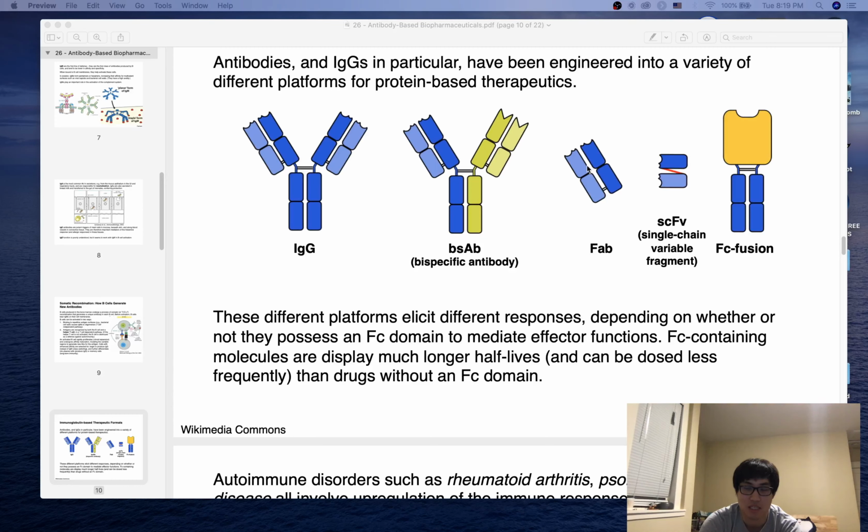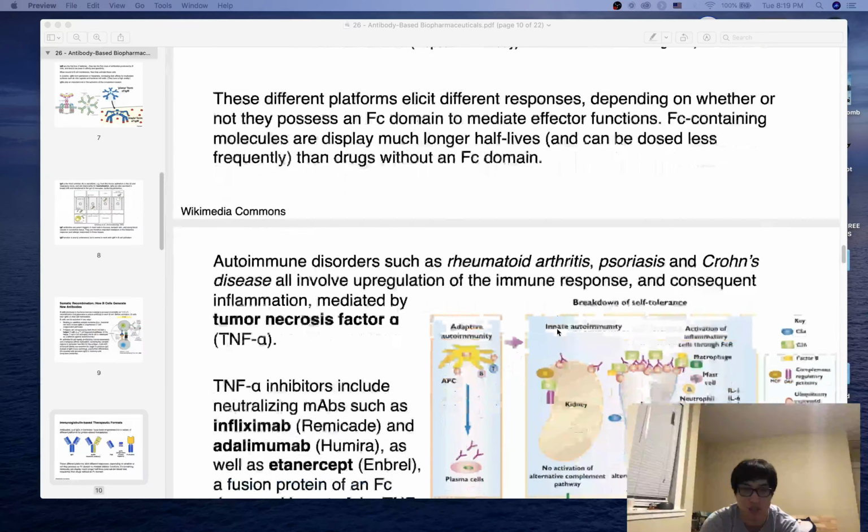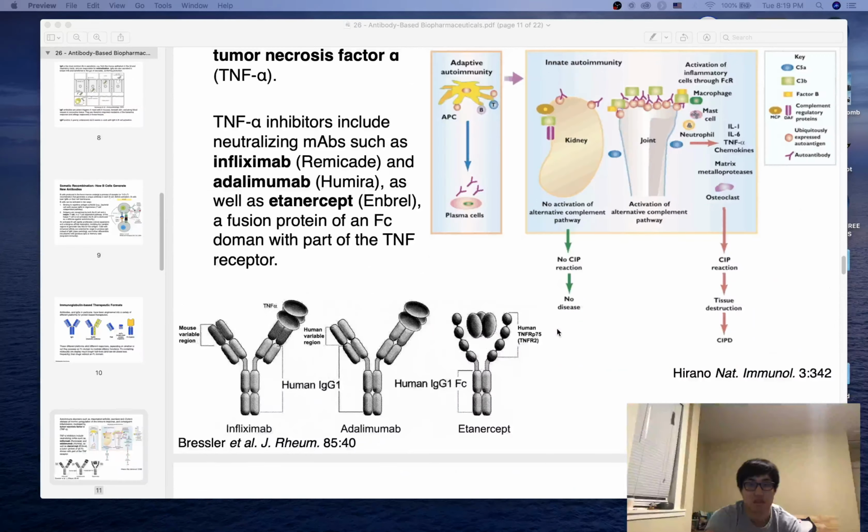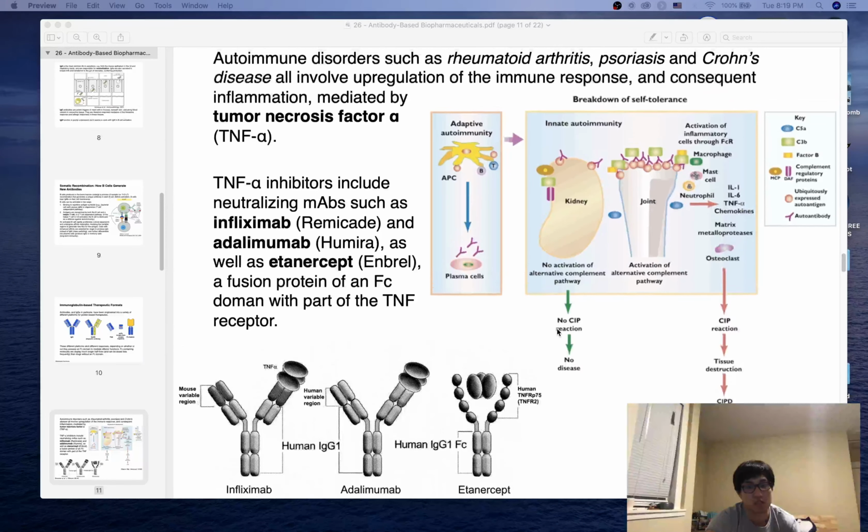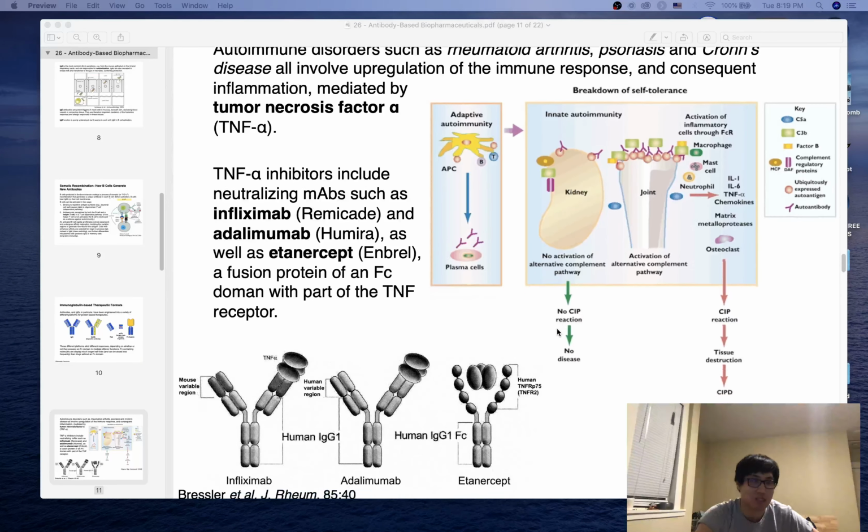These interactions are not stable enough to hold together, because here there's a disulfide bond but here we don't have one, so we have to covalently link the two, and they also have to be in exactly the same structure as this one. So this is one of the case studies.